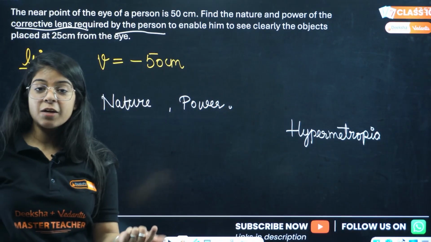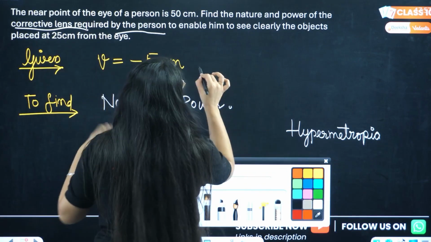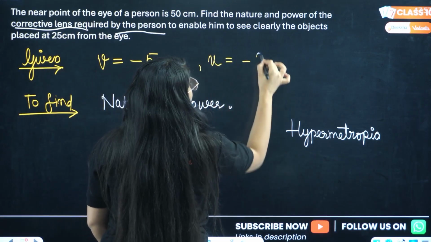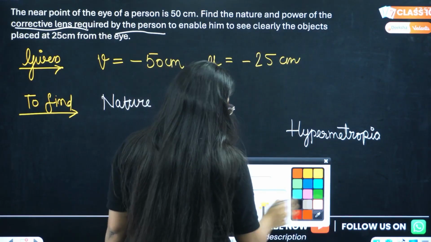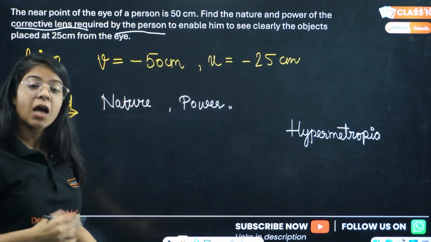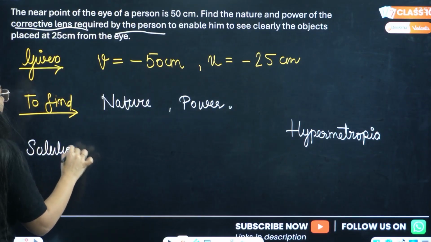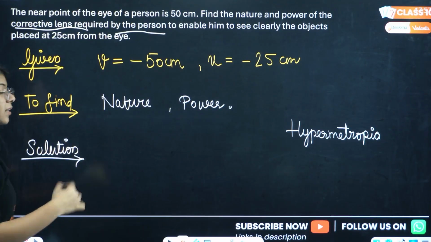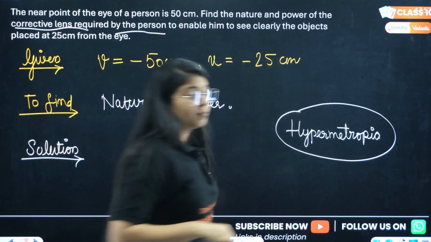Now we have to find the power and nature of the corrective lens. So how do we start? We start with the near point being shifted. The near point is given as well, right? It is given that U is minus 25 centimeter. Why minus? Because U is always minus. Now the solution is very simple. As you see that the near point is shifted, you understand that the person is suffering from hypermetropia.